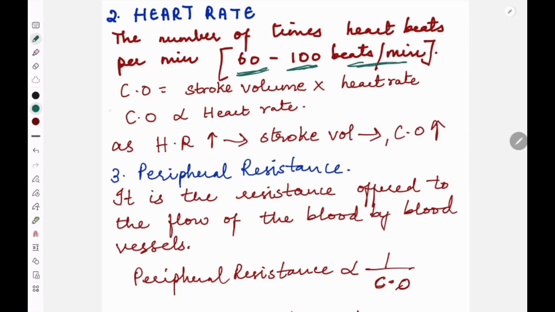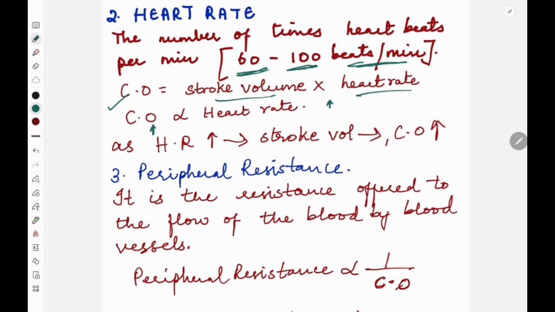We have already discussed the formula that cardiac output is nothing but stroke volume multiplied by heart rate. So the cardiac output is affected by heart rate. If the heart rate is more, the cardiac output will ultimately be more. If you apply basic physics, you'll understand that.